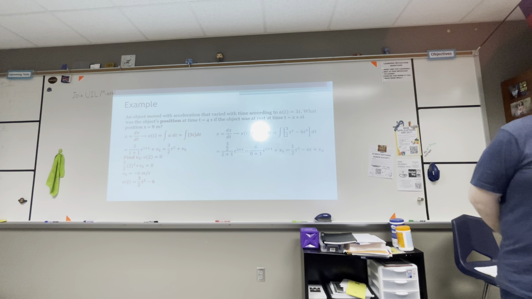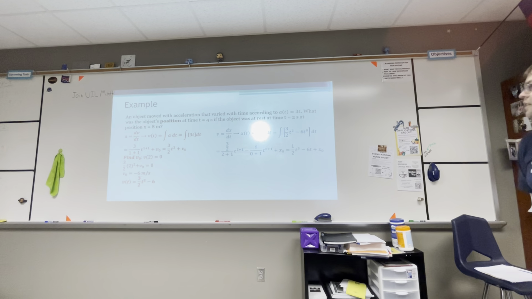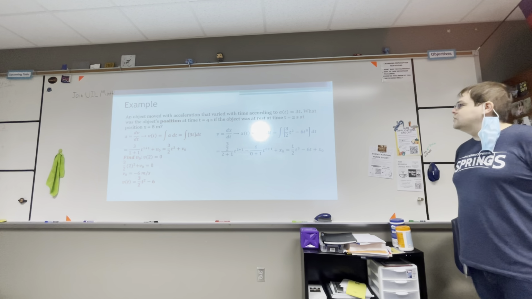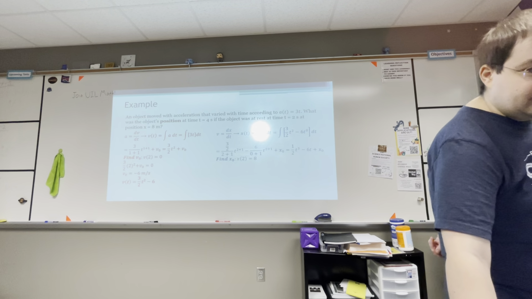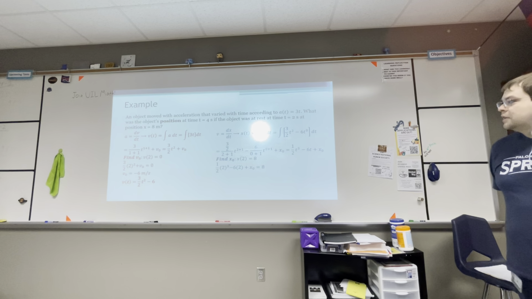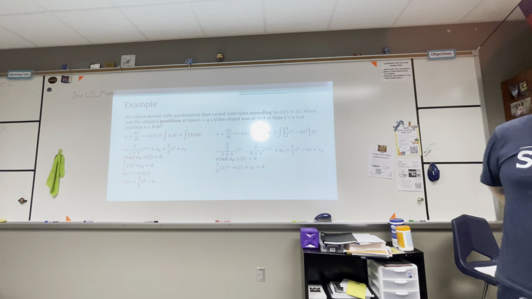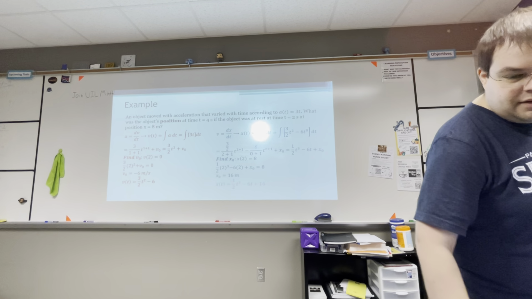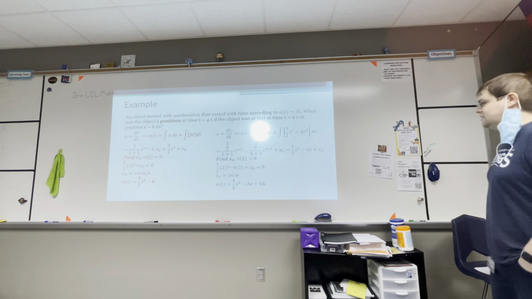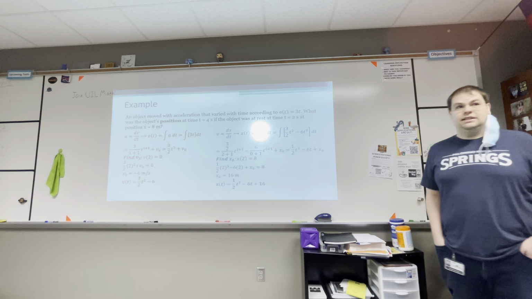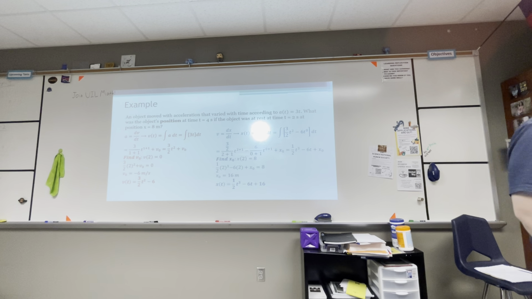So then we can find our x naught by plugging that value in there. So at 2 seconds it's at 8 meters. Plug those in to solve for x naught, and we get a final position function of 1/2 t cubed minus 6t plus 16. So there's our position function.